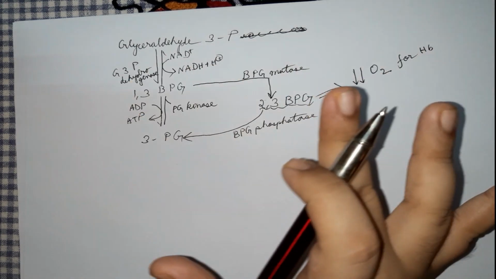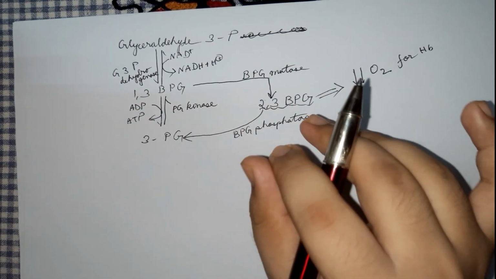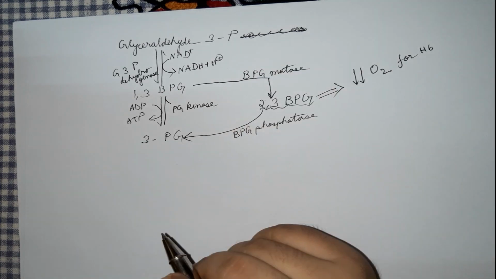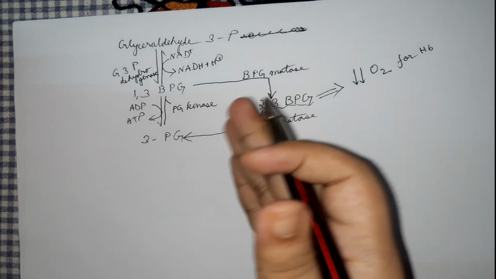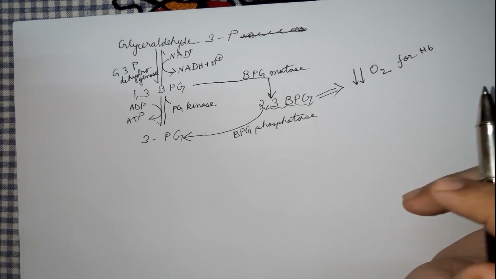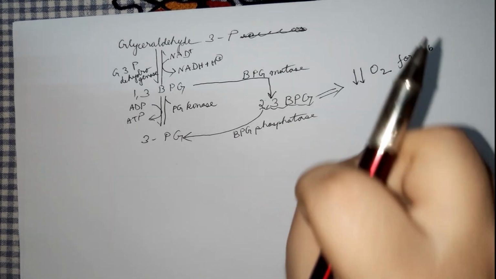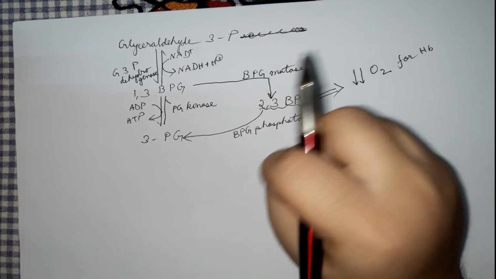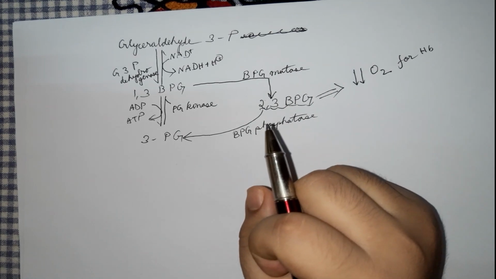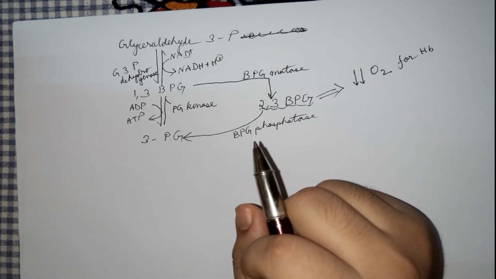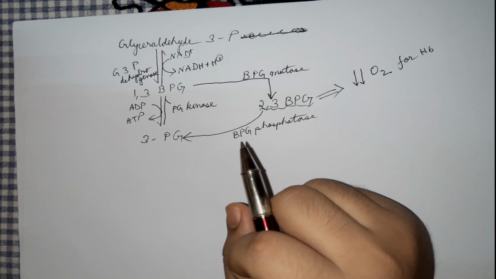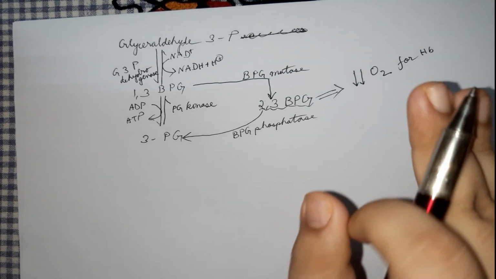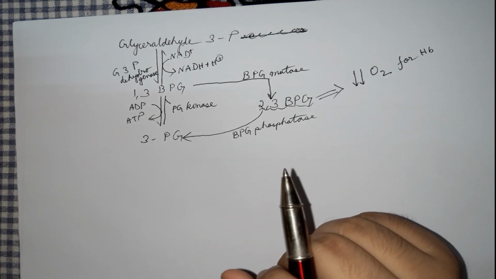So you're getting the picture, right? Like the hemoglobin HbA I'm talking about, mostly because this is adult hemoglobin, has a certain affinity for oxygen, obviously. What 2,3-BPG will do is it will bind with hemoglobin A, and it will decrease oxygen affinity.